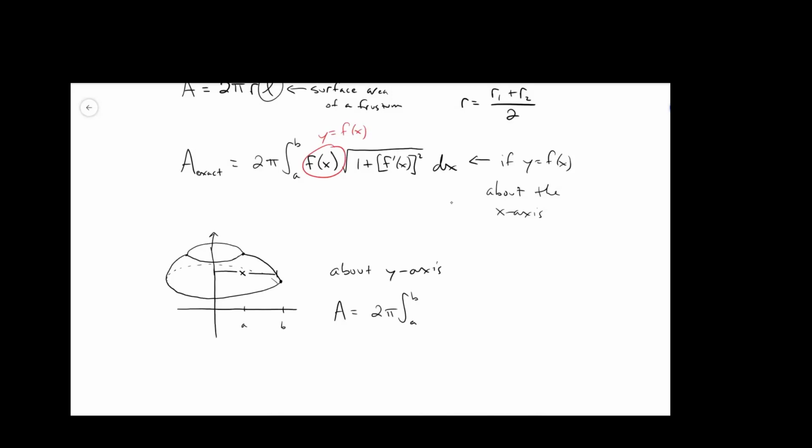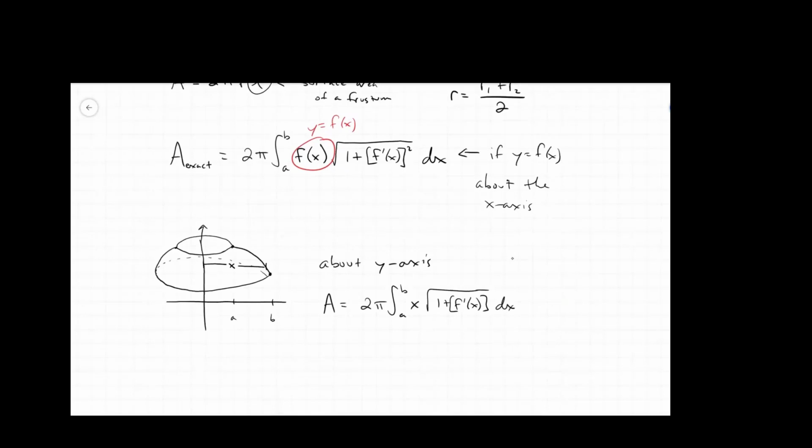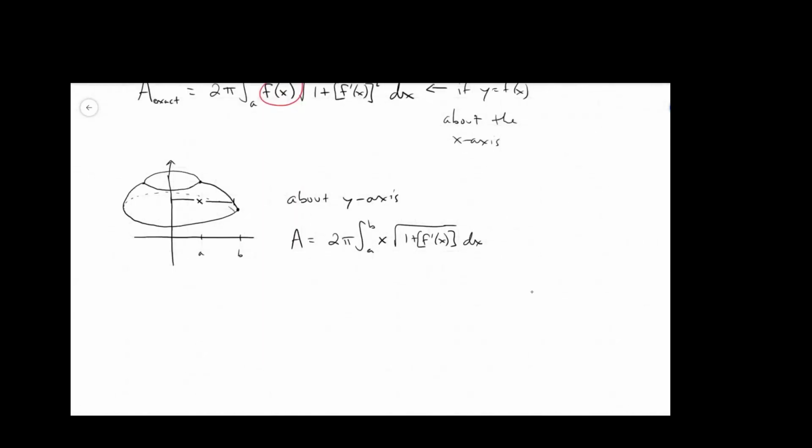Well, I just put an x there. So that's the difference: do you put a y there or do you put an x there? And if it's a y, you have to actually call it f of x. So you see the difference here. In fact, if you want to just summarize these here, you could even do this.